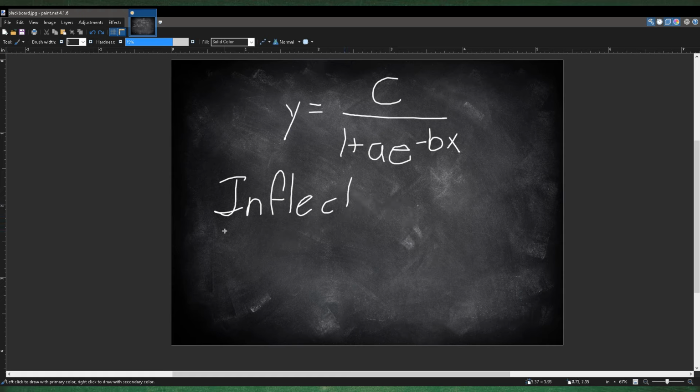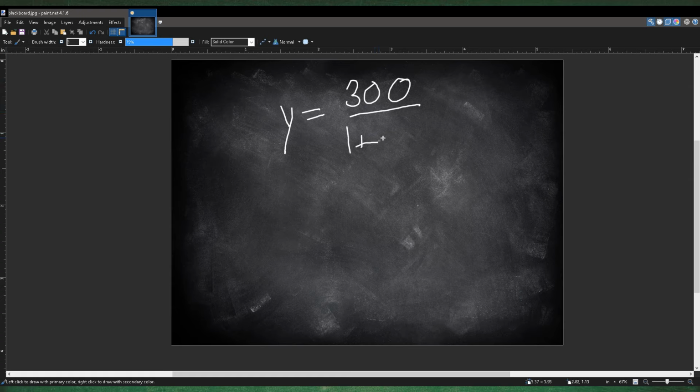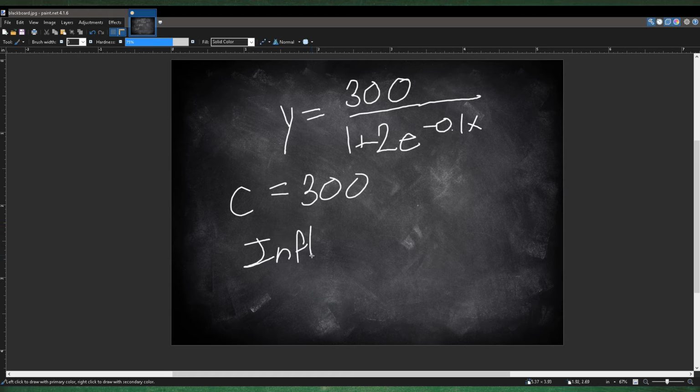Let's give an example. Let's say we have y equals 300 over 1 plus 2e to the negative 0.1x. The carrying capacity would be 300, right? So our inflection point would be at y equals 150, because it's halfway of the carrying capacity.